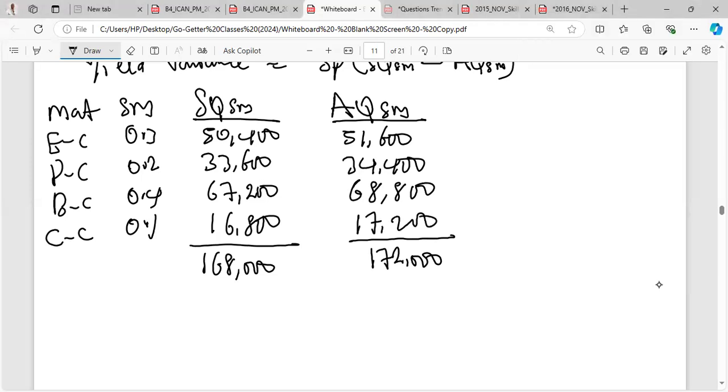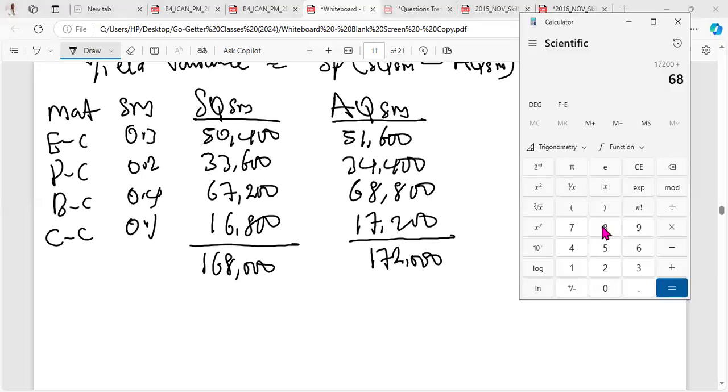17,200. So if we add all of this, 17,200 plus 68,800 plus 34,400 plus 51,600, we have our 172,000.